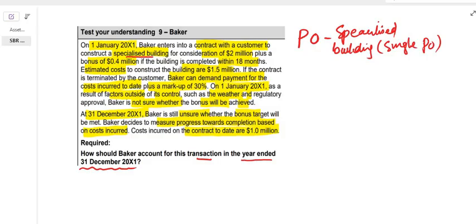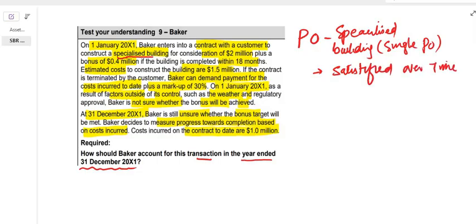Now we have studied that if there is a specialized asset, the creation of a specialized asset without any alternative use, then the performance obligation will be satisfied over time.